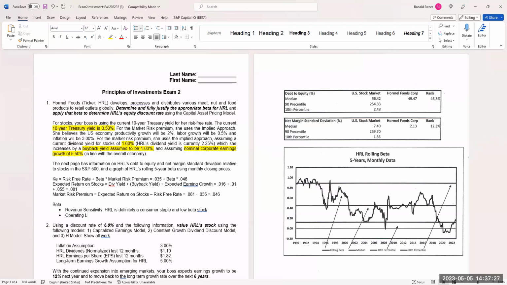Operating leverage, how much fixed cost. So here, we don't really know, you might think they have a lot of property, plant, and equipment.